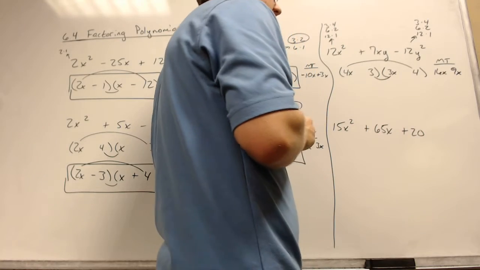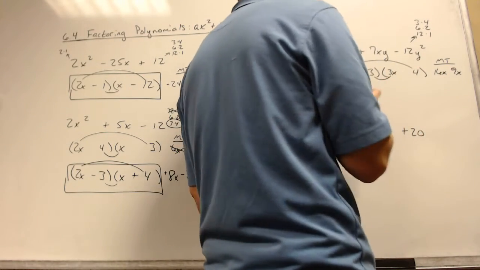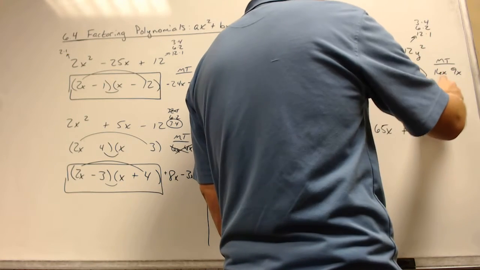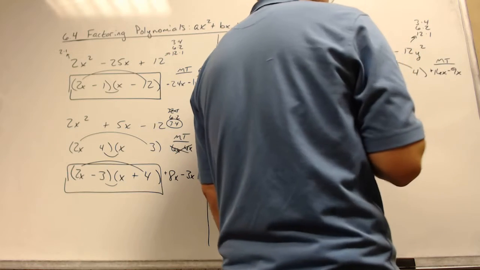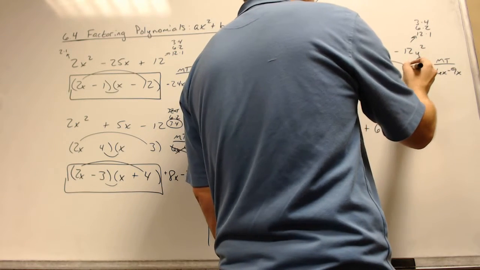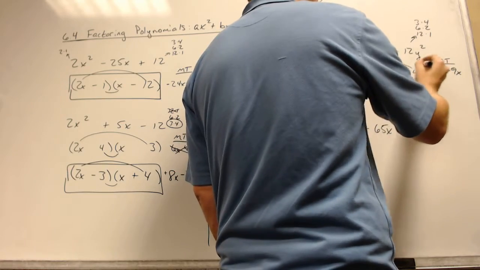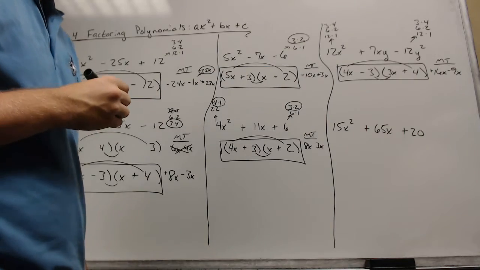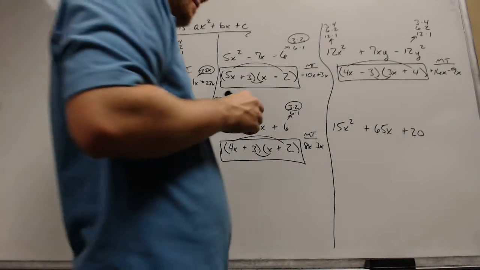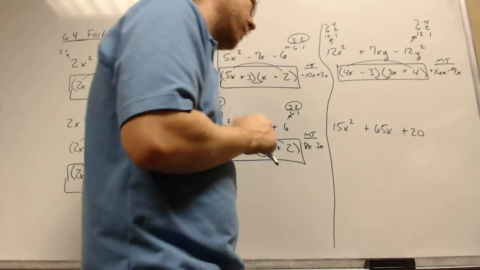And eventually you start to see this happening without having to guess and check. You can pair these numbers up mentally and find this middle term. In order to get a positive 7, that'd be 16 minus 9. 4 times 4 is 16, positive. This one has to be negative.